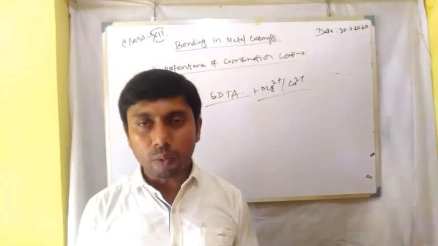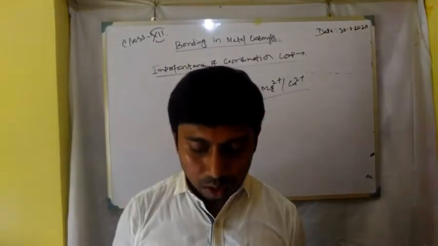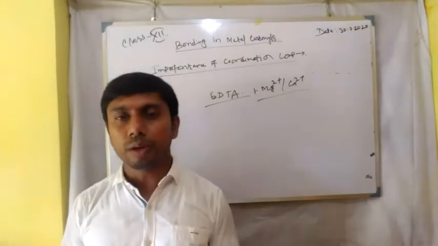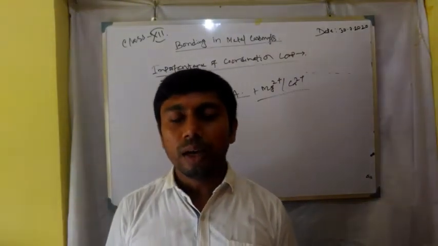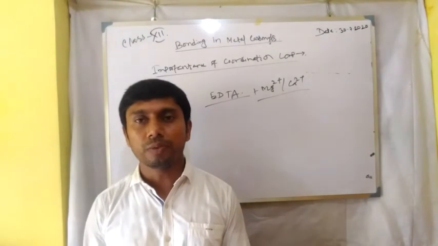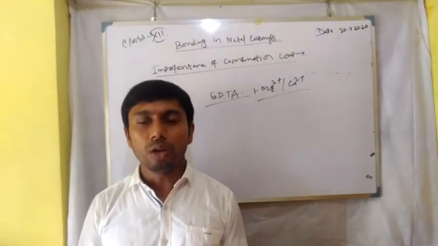In qualitative analysis also, as there is group chemistry, that means the separation of cations, in group 1 there is the precipitation of silver chloride, which is soluble in excess NH3.